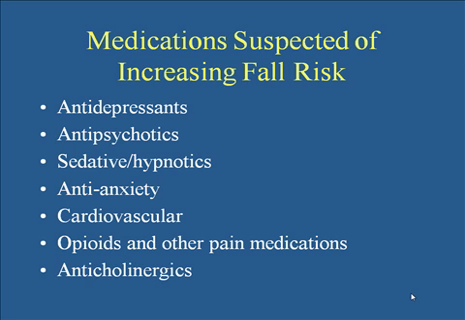Things such as drying out of the mouth and the eyes, slowing of the gut, urinary retention, a lot of the traditional anticholinergic side effects, including dizziness and lightheadedness, and orthostatic hypotension. So anticholinergics is listed there more as a broad term to include all medications that have anticholinergic effects, whether they're desirable or not.